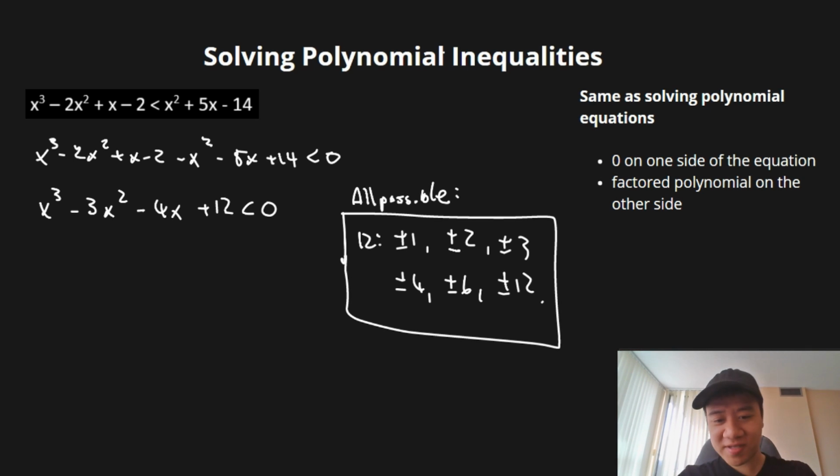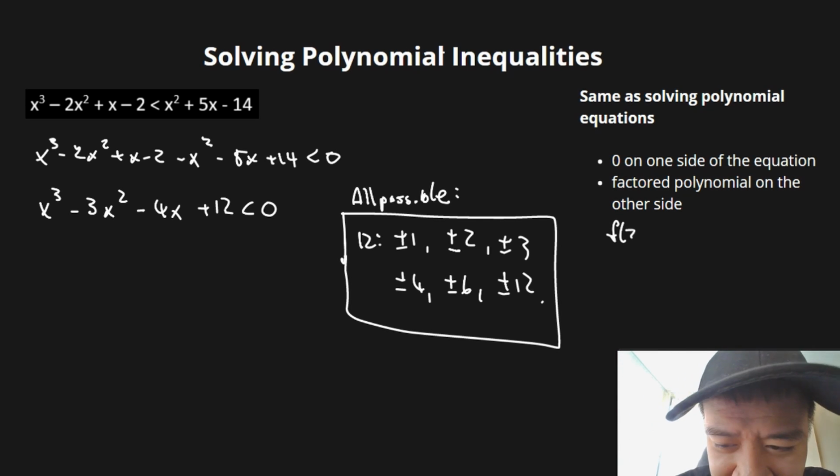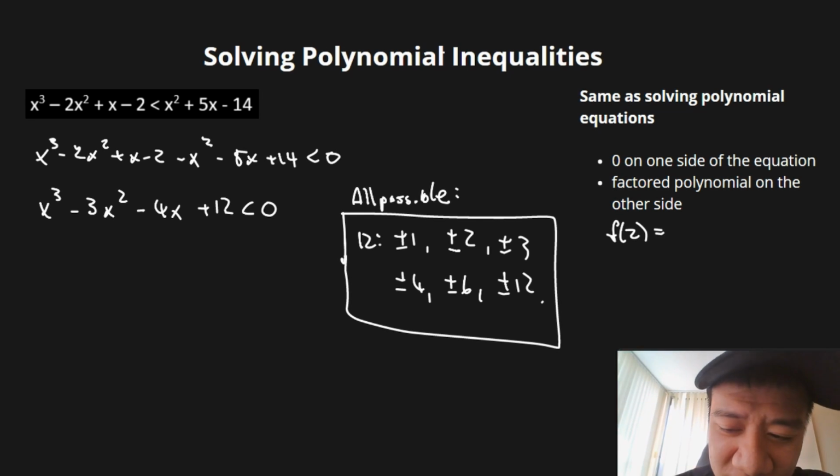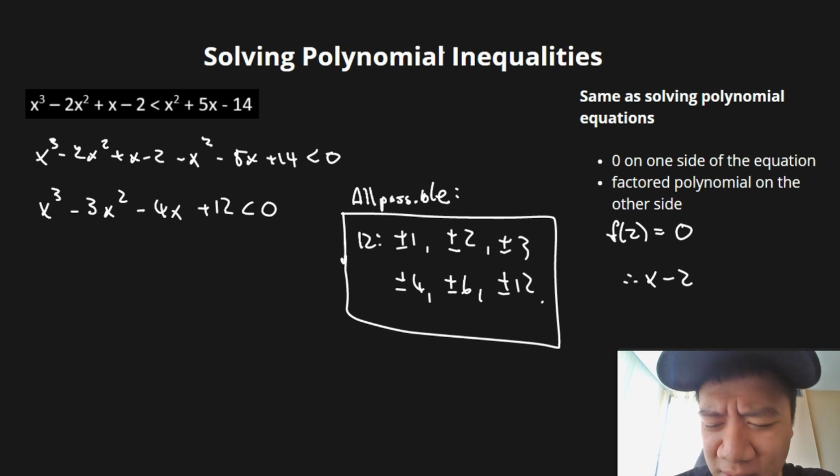Alright, so time for the random substitution. After some testing, we found out that 2 works. We plugged in 2 and got 0. That means x minus 2 is a factor.